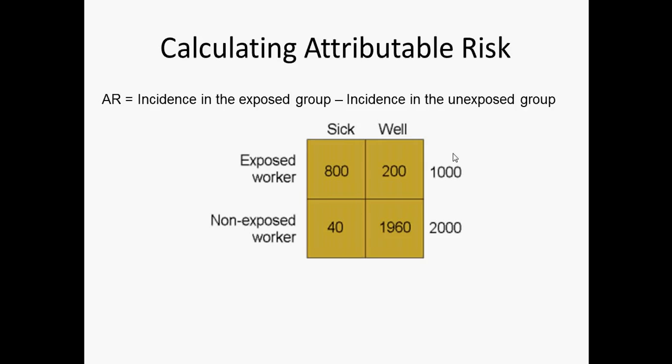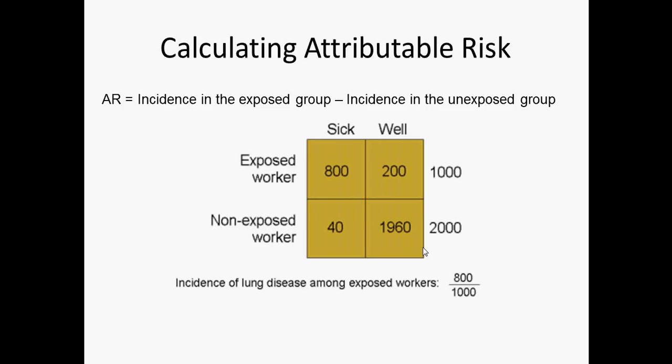And 40 of the non-exposed ones out of 2000 developed the disease. Now we remember that the incidence of the lung disease in the exposed group was 800 over 1000, and that amongst the non-exposed was 40 over 2000. Since we have to use incidence rates with the same denominators, we will have to convert this 40 over 2000 as per 1000, because we have 800 per 1000.